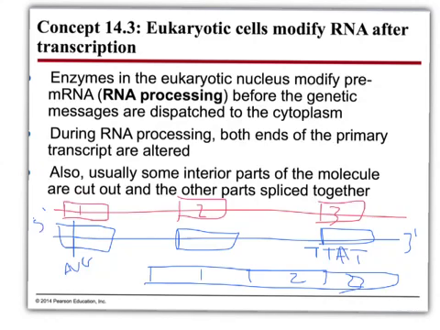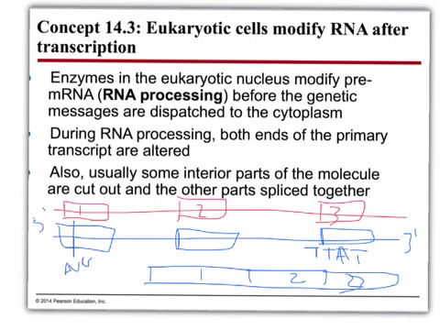Because when translation occurs, we don't want to translate intronic DNA. That's going to throw off our reading frame, and we'll end up with the wrong protein. So this is splicing.